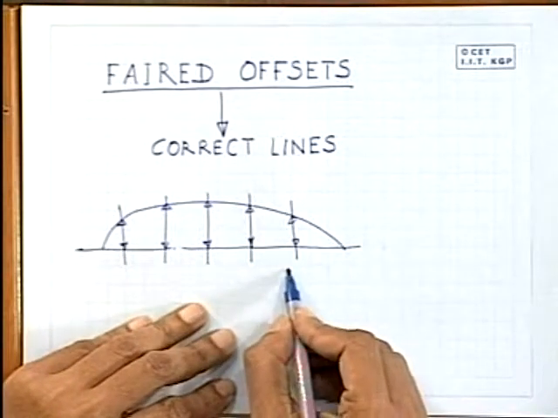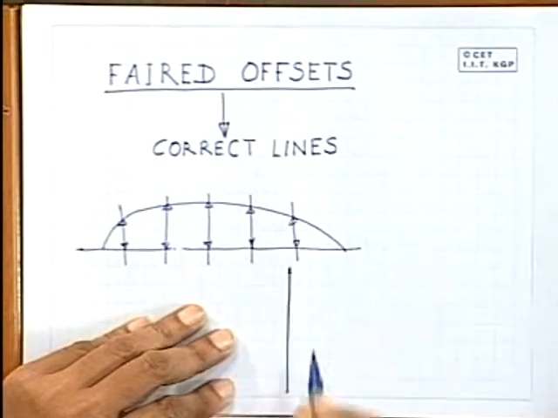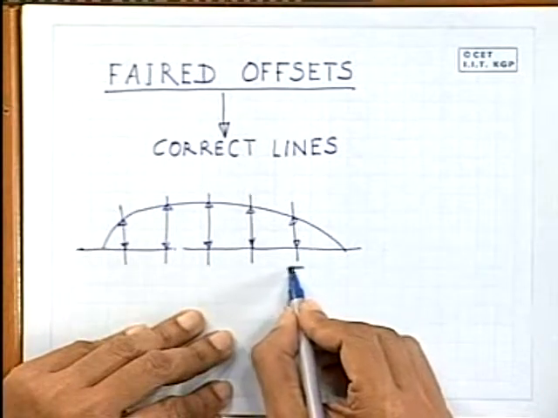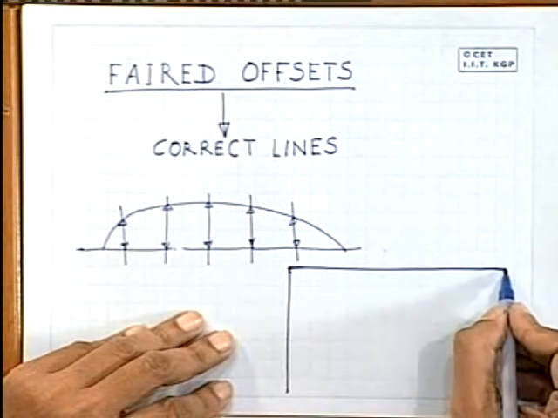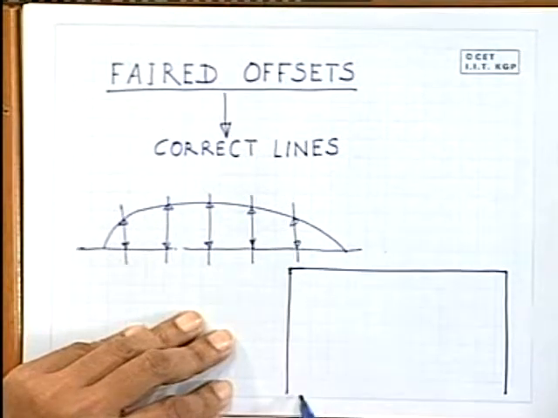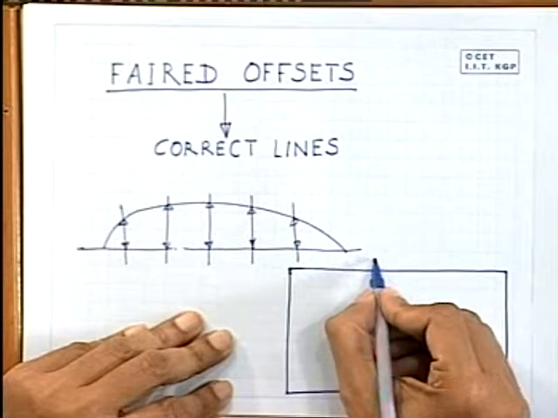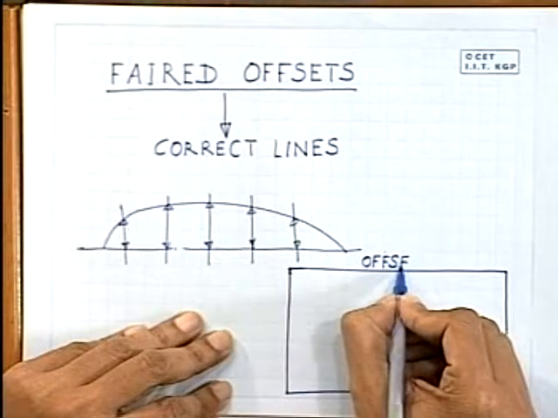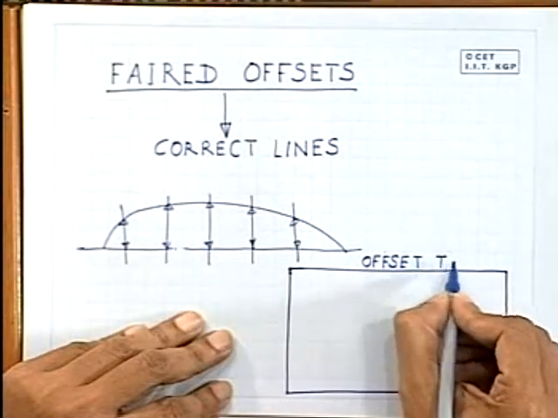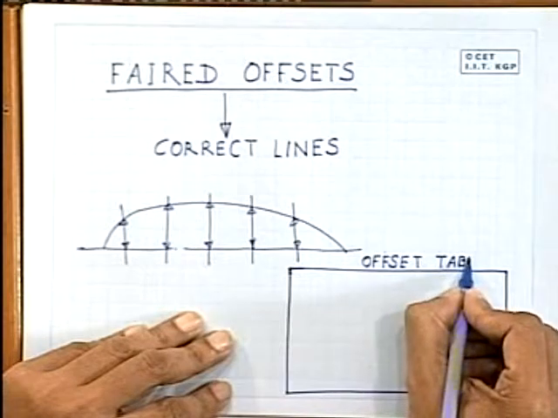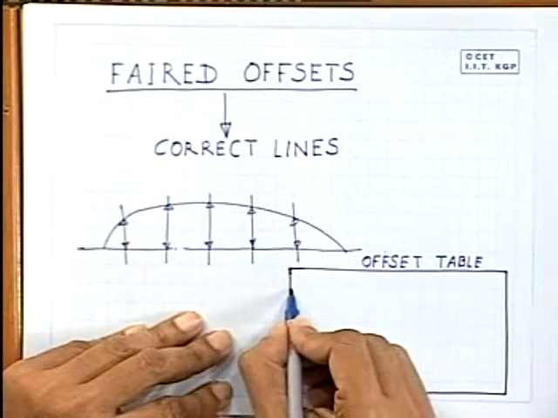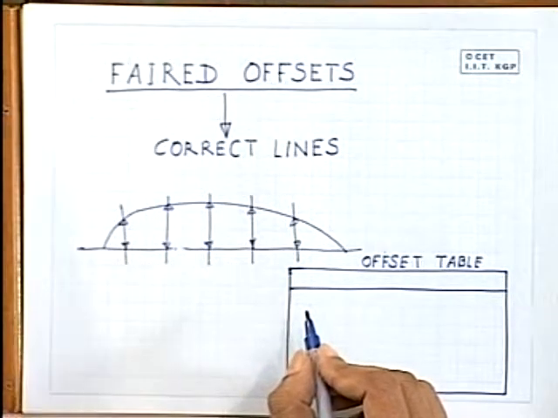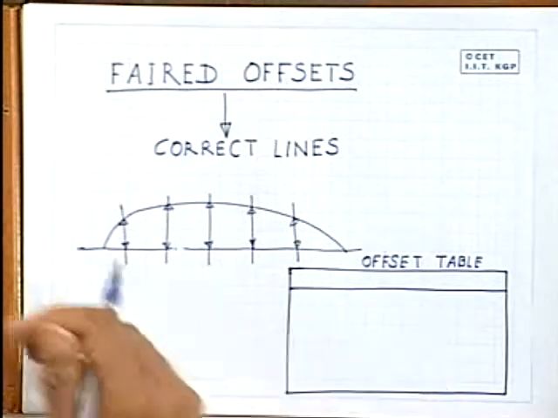So here you have an offset table. The offset table will show horizontally your water lines and the vertical columns will be the stations.